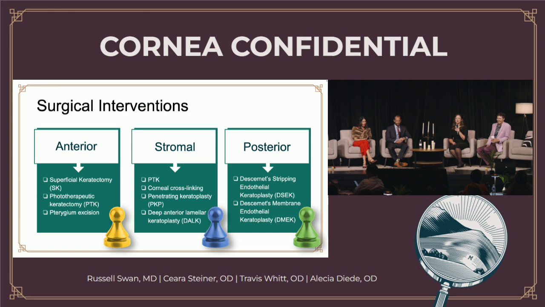It's really important to be catching those patients sooner rather than later, and then getting them back to referring ODs, whether that be soft contact lenses, glasses, or scleral lenses as well. And then DLK as well. Posterior, there are some conditions that help with Descemet stripping, DSEK, and DMEK.